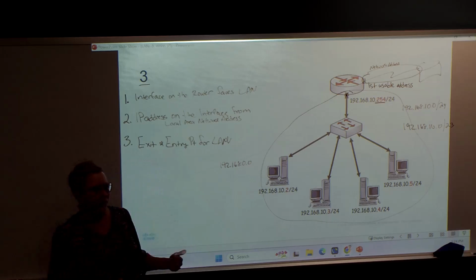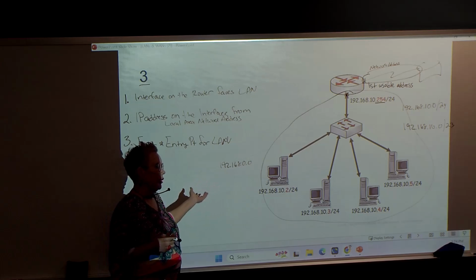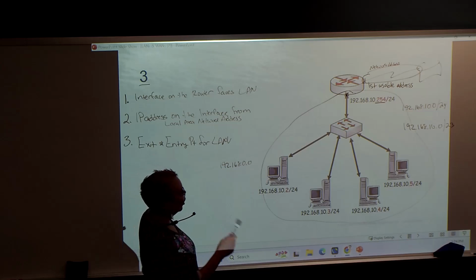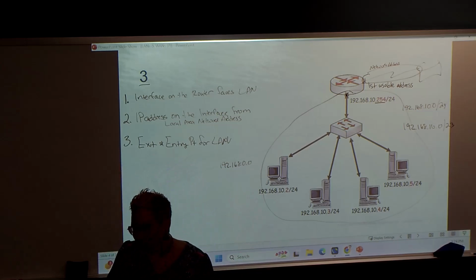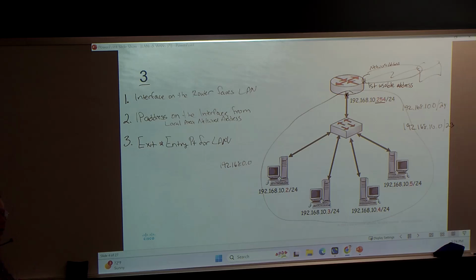If it doesn't say subnet mask specifically, then you would give the slash notation. So if they say, what's the network address? Then you would want to give 192.168.10.0/23. If it says, what's the network and the subnet mask? Then usually what they want is 192.168.10.0, 255.255.255.0. That's the difference.